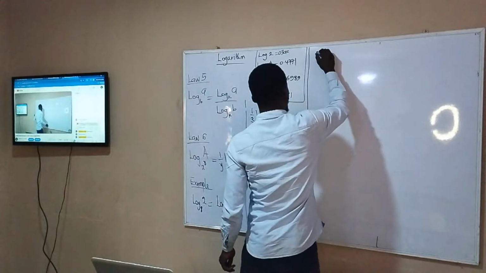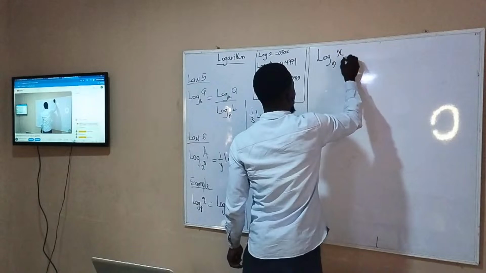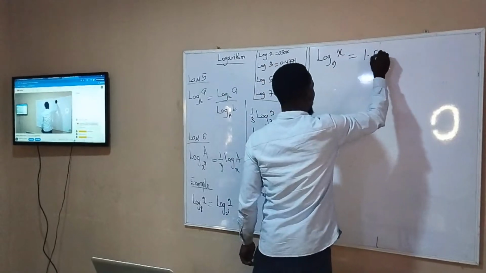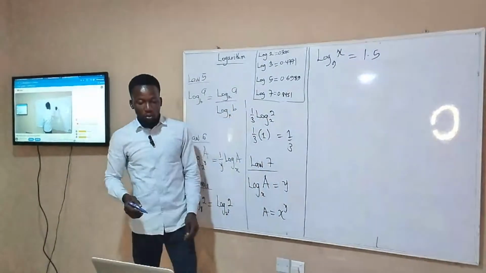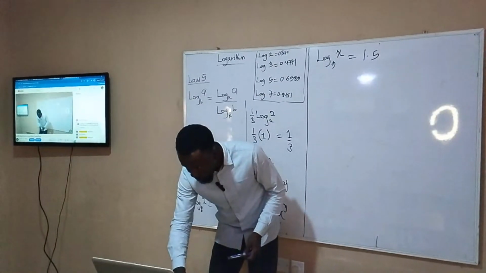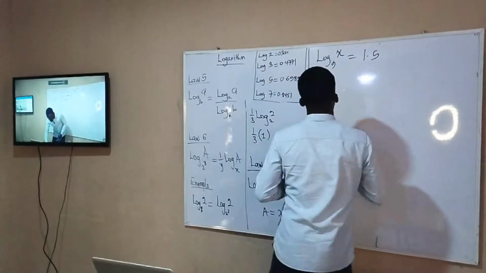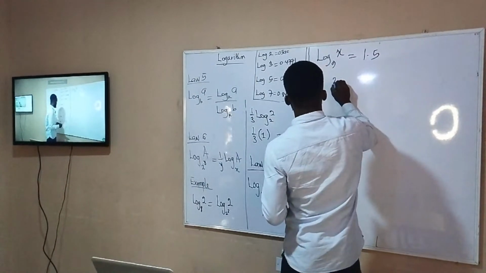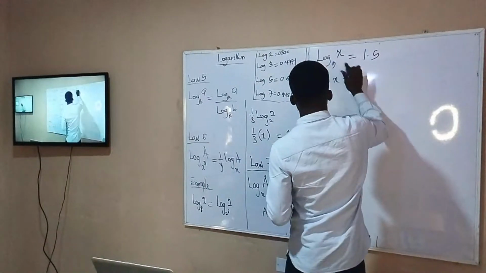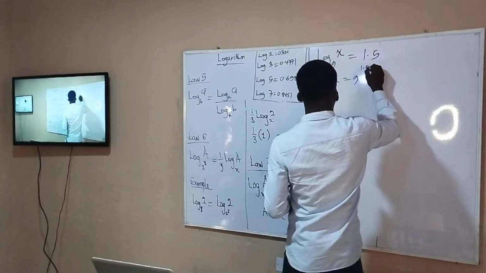Let's say I have: find the value of x, log x base 9 equals 1.5. I'm looking for the value of x, right? So to get the value of x, according to this, x equals 9 raised to 1.5.